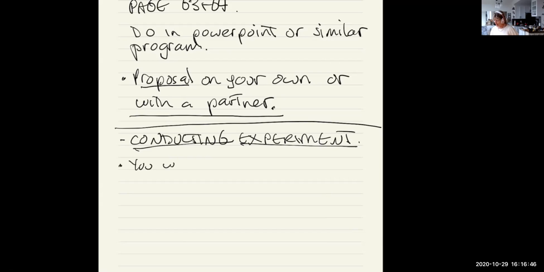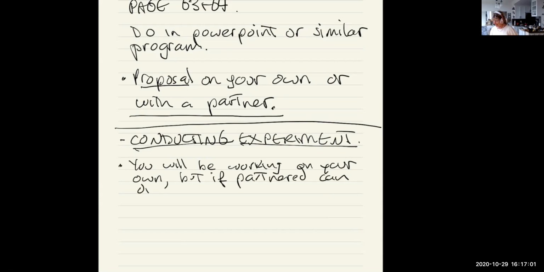So you will be working on your own, but if partnered, you can divide the data collection.